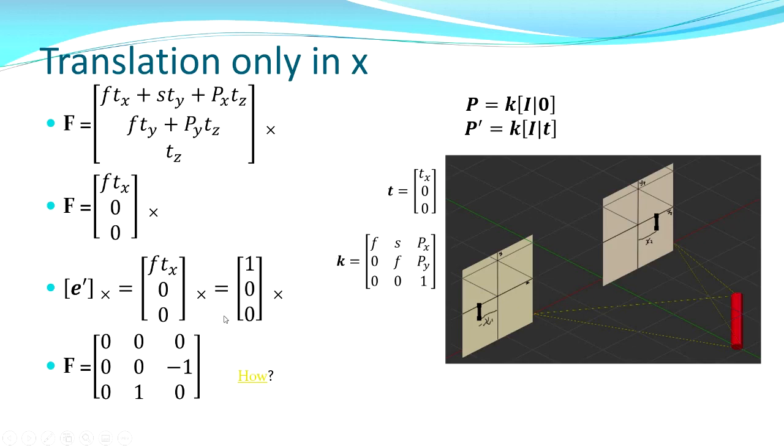and that can also be represented as the epipole. Now if you remove the cross product notation and bring in the actual matrix, you will get the fundamental matrix, in this case for translation only in x. So this is the fundamental matrix for this stereo disparity case where the translation was constrained to x. You can recall how we got this matrix.